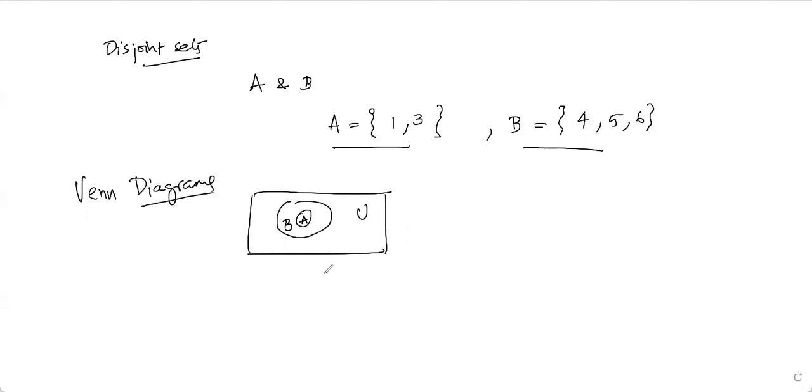If you look at this, A is a subset of B. Here we have a universal set, and these are the sets which are disjoint.